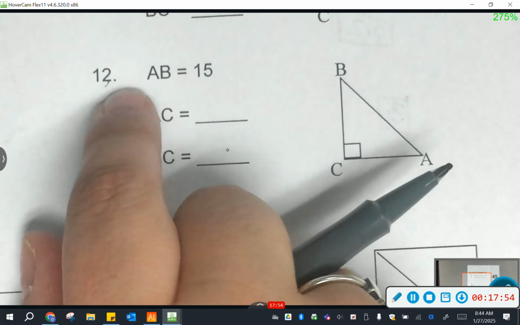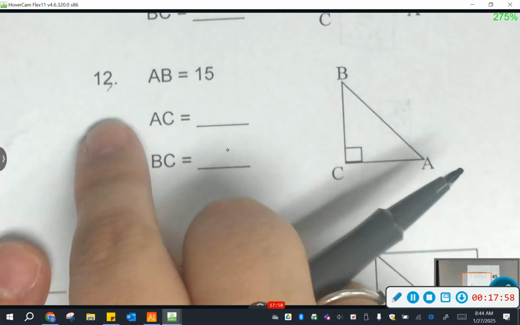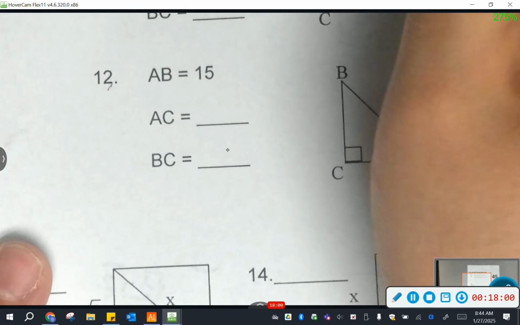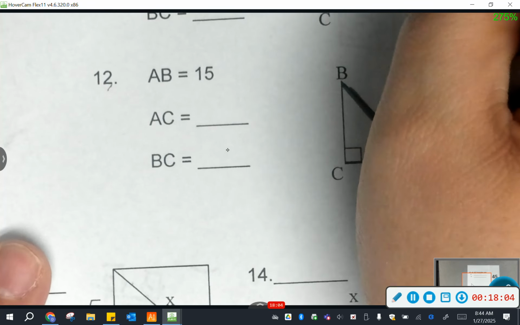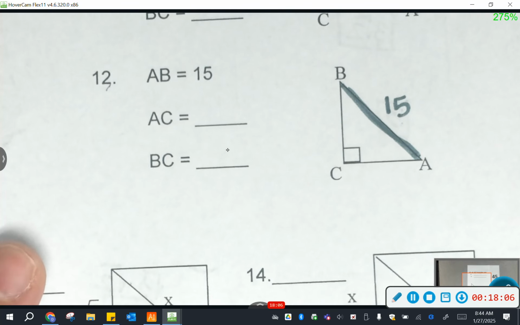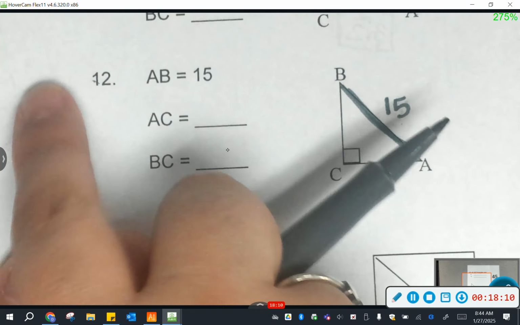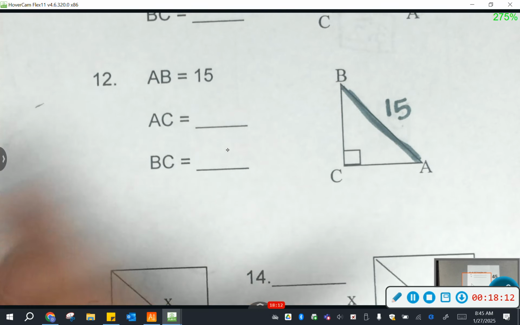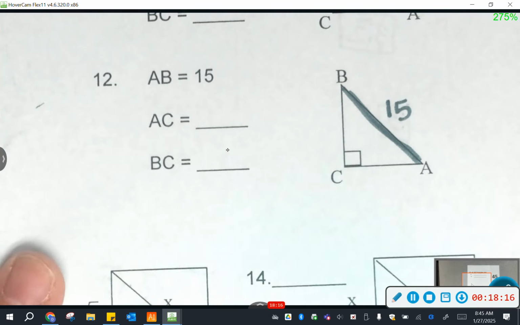Wow. All right, number 12. I'm going to help you with number 12. It says AB is 15, so I'm going to put a 15 on AB. Number 12. How do I go backwards and find AC and BC?